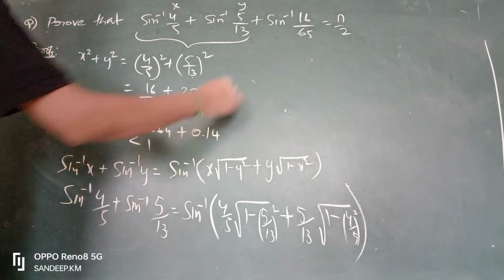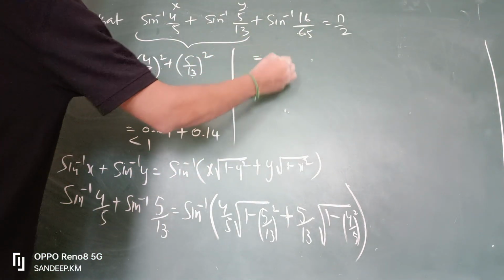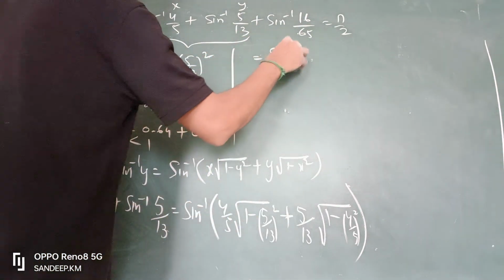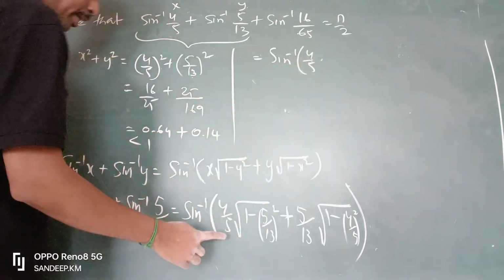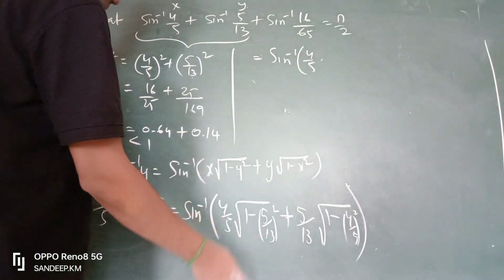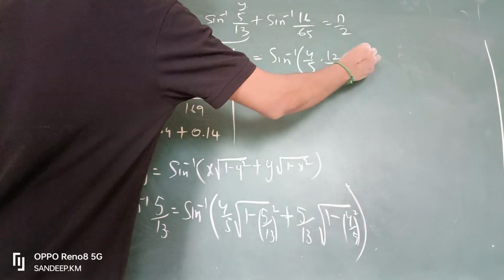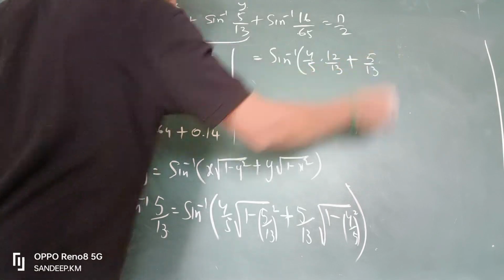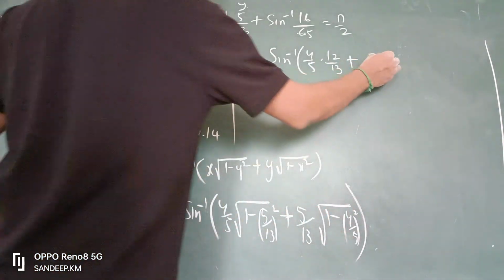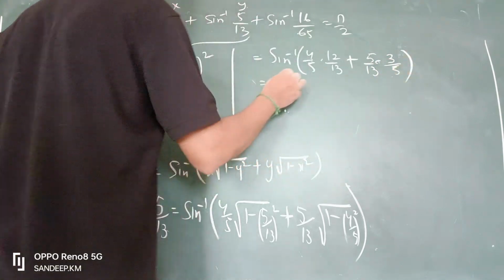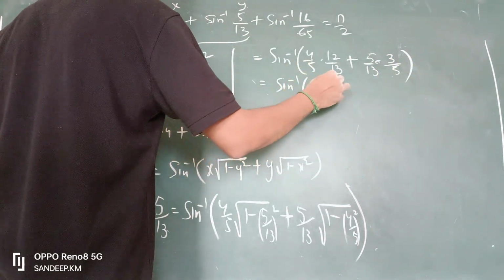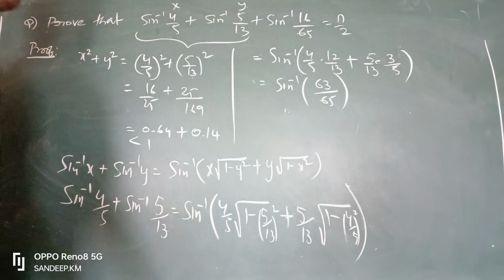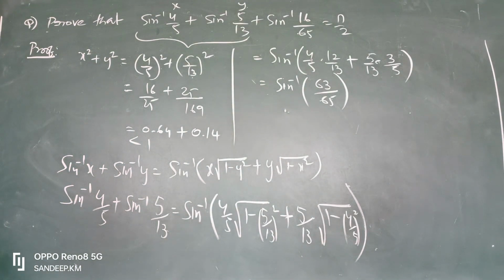So if you simplify this, sin inverse of 4 by 5 into 12 by 13 plus 5 by 13 into 3 by 5. We get sin inverse of 63 by 65.